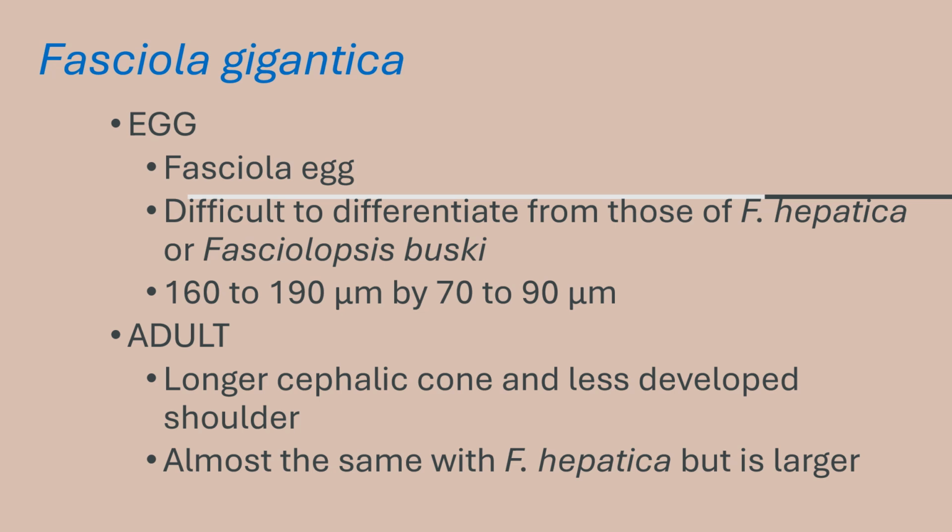Again, Fasciola gigantica adult worm resembles Fasciola hepatica but is somewhat more lanceolate, and it has a less developed shoulder and a longer cephalic cone.